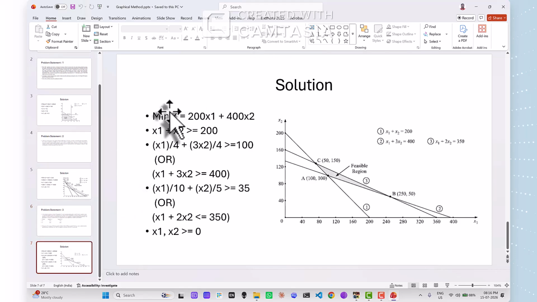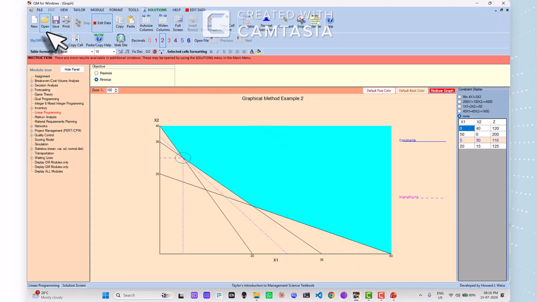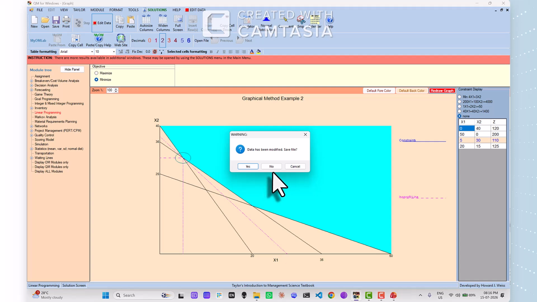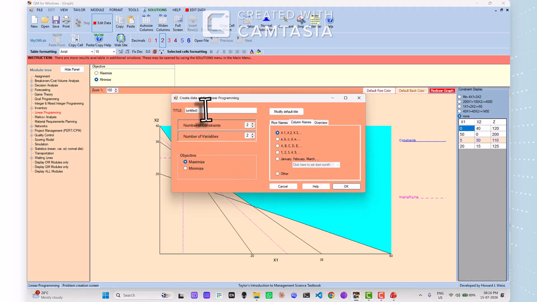So it's a minimization type of problem. So we are having three constraints and two variables. So now let us take the software, new, graphical method example 3, constraints are 3 and the variables is 2.